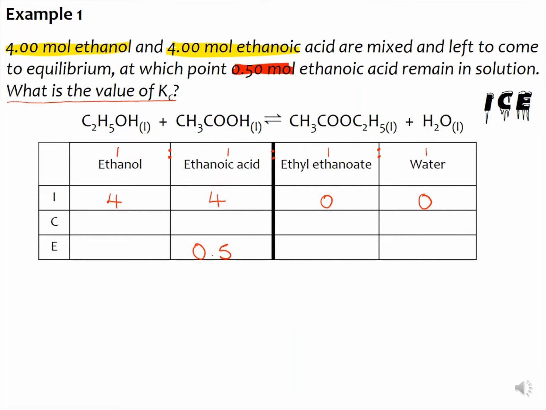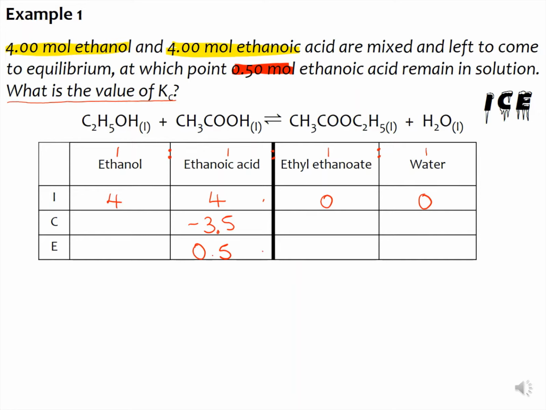Then the other thing that we can do is work out by how much the ethanoic acid has changed, because we've got the initial moles and we have the equilibrium moles. Ethanoic acid's moles has decreased by 3.5. It's gone down by 3.5 moles. That's how many moles of ethanoic acid has reacted.